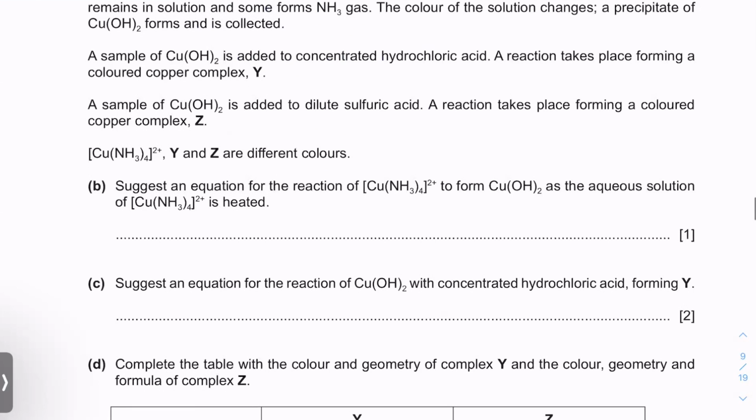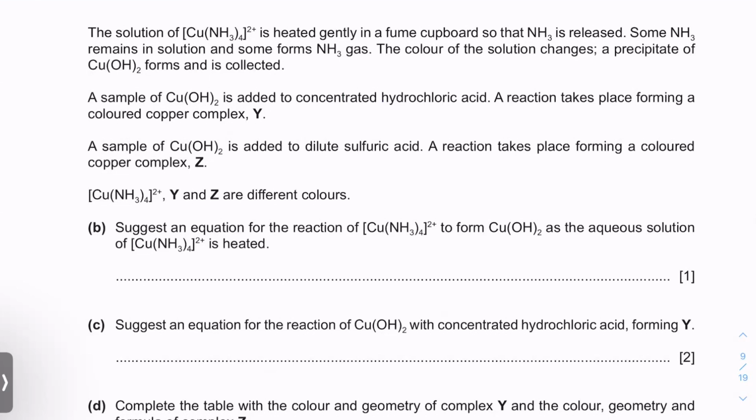The solution of this is heated gently in a fume cupboard so the ammonia is released. A precipitate of Cu(OH)2 is formed. Okay. A sample of copper hydroxide is added to concentrated HCl and reaction takes place forming a colored complex Y. So obviously the chloride is going to come and displace OH2. Okay?